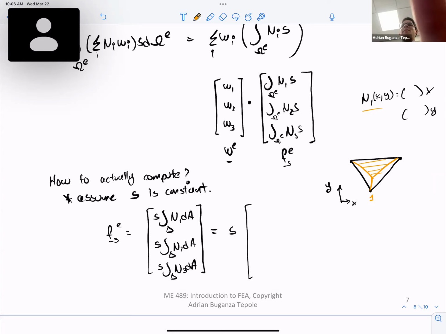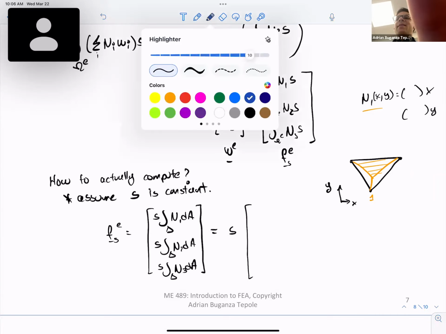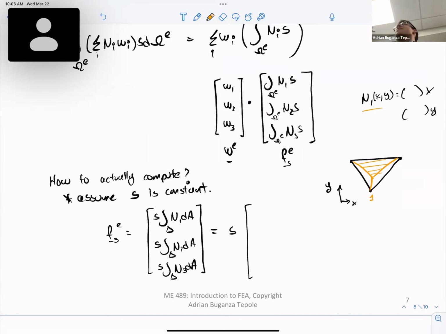You are finding the volume of that. So in 1D, when you integrate a function, you are getting the area under the function. When you have double integrals, what you are getting is the volume of that. So what is the volume of the pyramid that is defined by this plane that is 1 at the first node and goes to 0 at the other nodes?